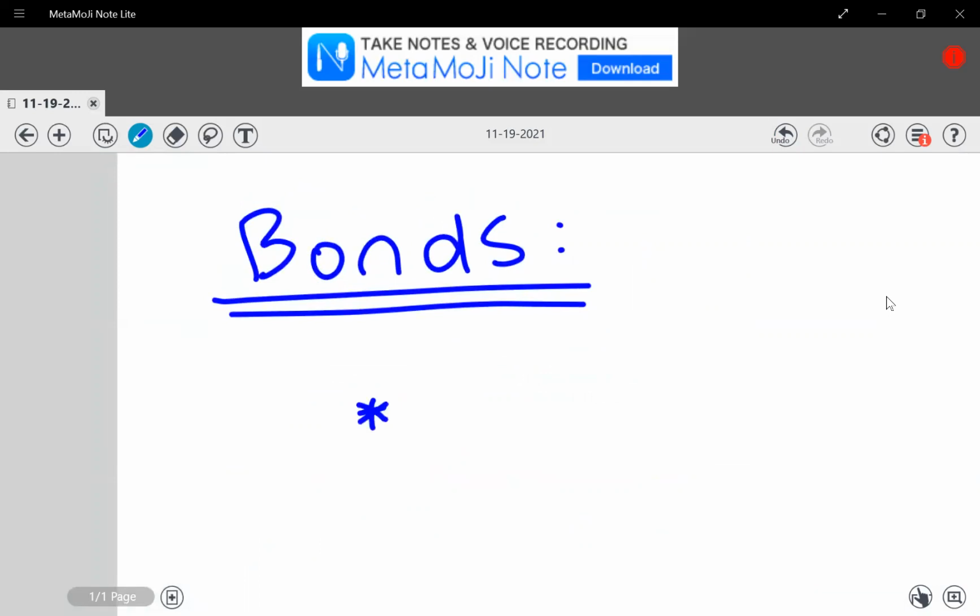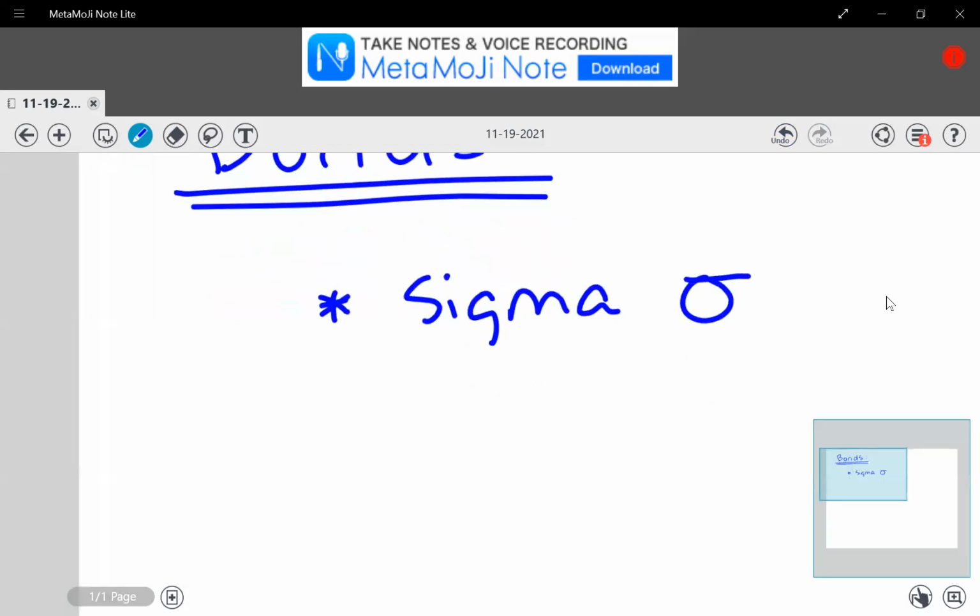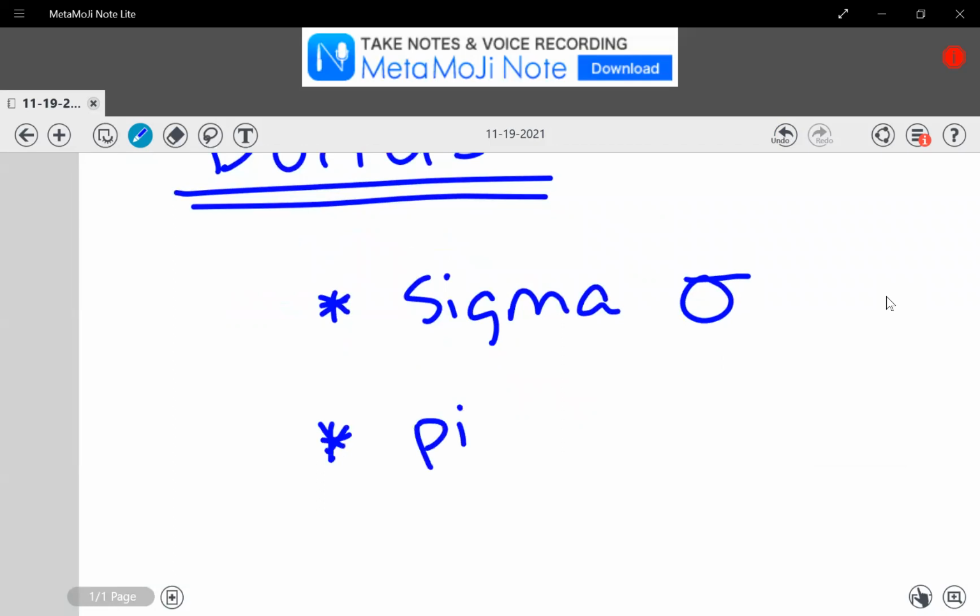We've got sigma bonds. Sigma, and I think the symbol looks kind of like this. I'm not sure how to draw it, so I'm just going to go with that. We've got sigma, and we've got pi, not the food kind, the math kind or the chemistry kind, the kind you don't want to see or know exists.